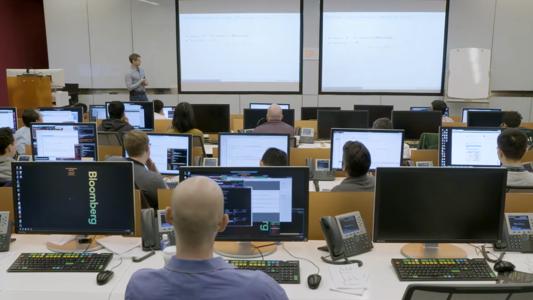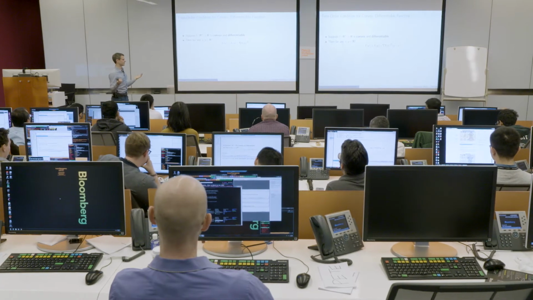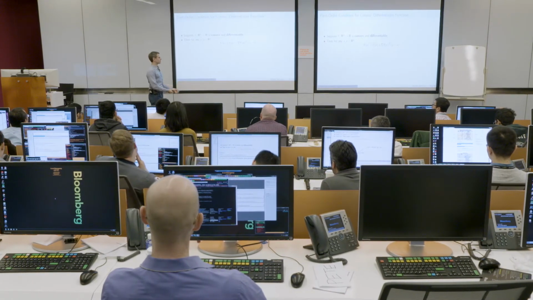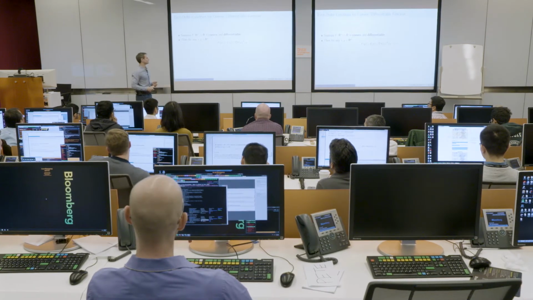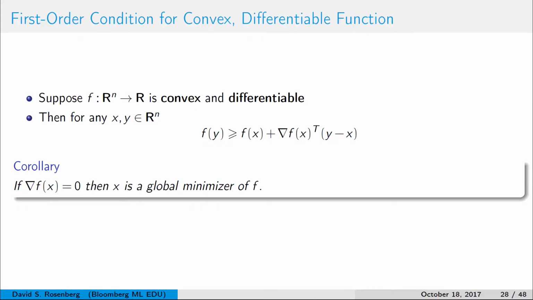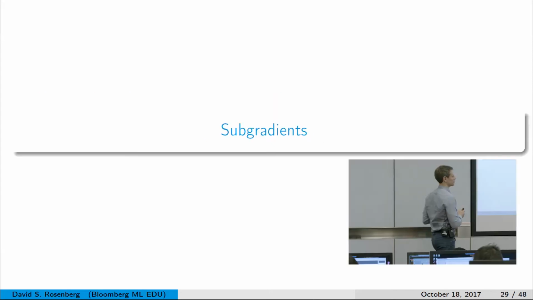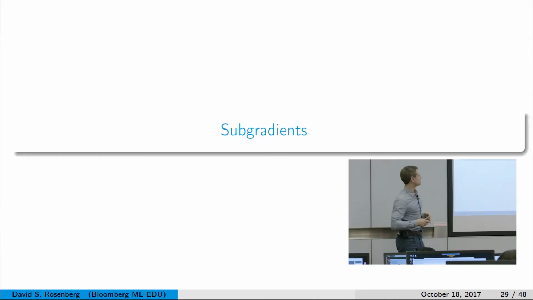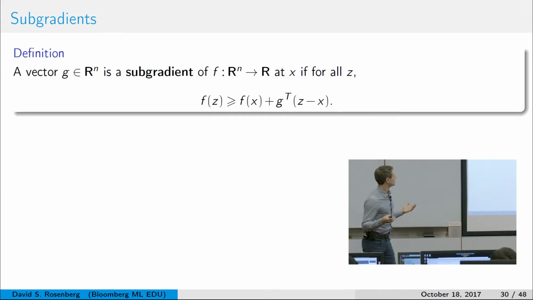So that's demonstrating the power of convexity, that just from some local information about the function, you know some piece of what's happening everywhere. All right. So subgradients. I've already spoken through what our definition is going to be. Let's write it down. So a vector g.